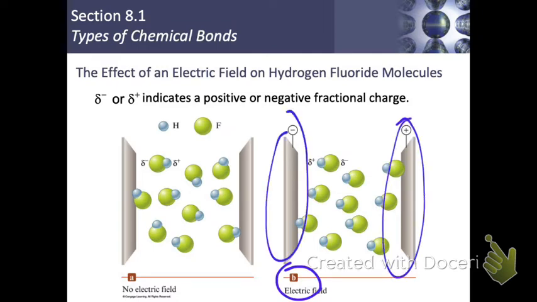You see how all the molecules are oriented the same way? The partial positive is pointing toward the negative side. The partial negative is pointing toward the positive side. They align themselves because they've got that partial positive and partial negative. If the bonds were non-polar, you would see no distinction between being in an electric field and not being in one. They would look the same.